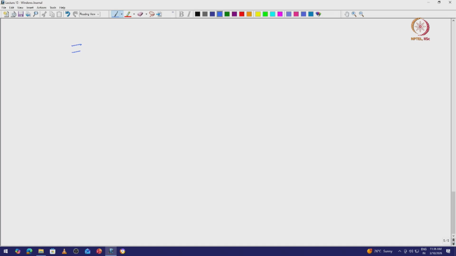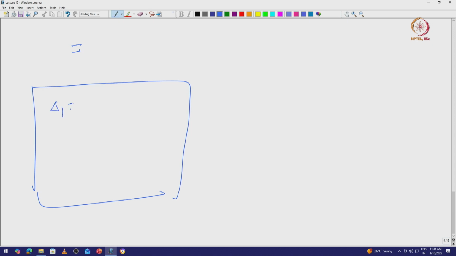So before we proceed, maybe I'll write this here. This is the error in the linear approximation for the first function. This is the error for the second function.